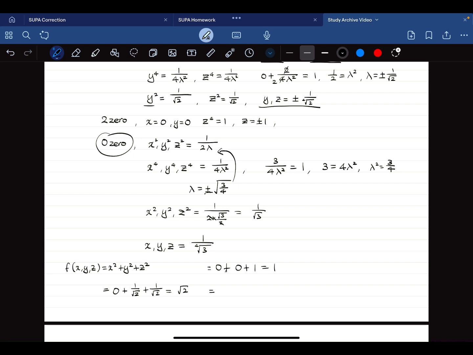For our situation with 2 zeros, it was just 0 plus 1, which will equal 1. And for our case with no zeros, it's going to be 1 over root 3 plus 1 over root 3 plus 1 over root 3, which again will equal root 3.